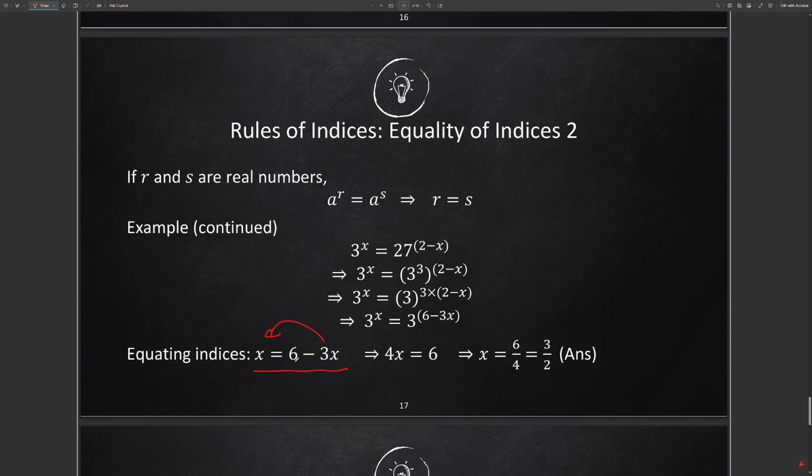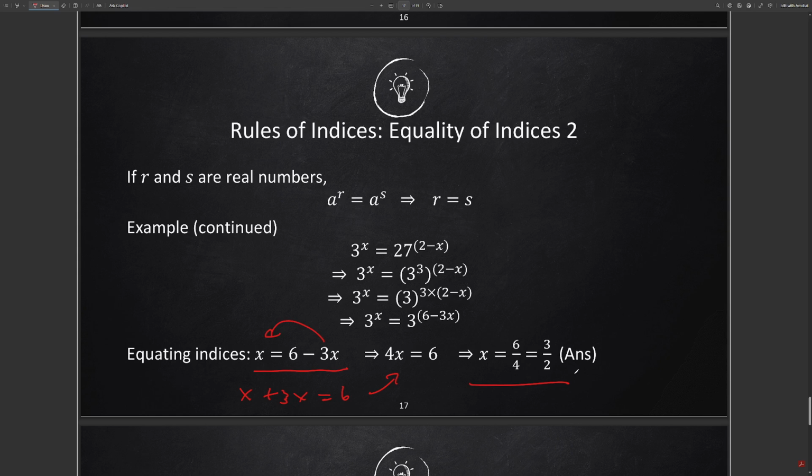So x plus 3x is equal to 6. Then we have 4x is equal to 6. So x is equal to 6 divided by 4. So I divide by 4 on both sides to get rid of the 4 on this side. And 6 upon 4 is 3 upon 2. And this is my answer.